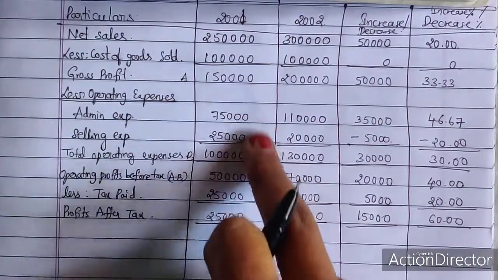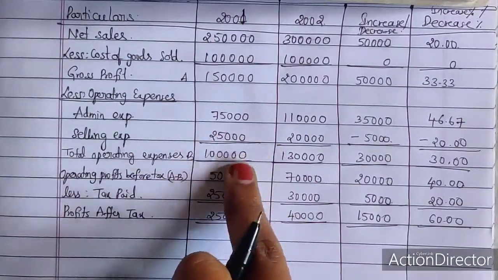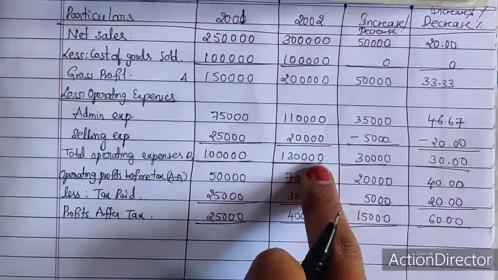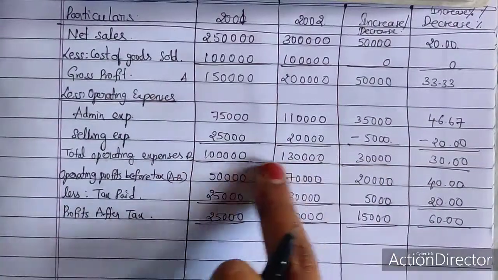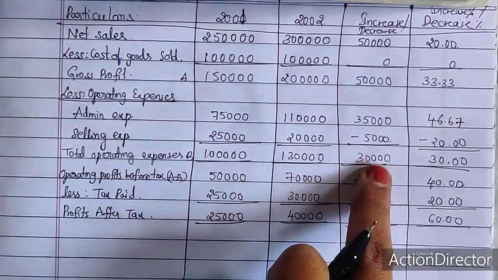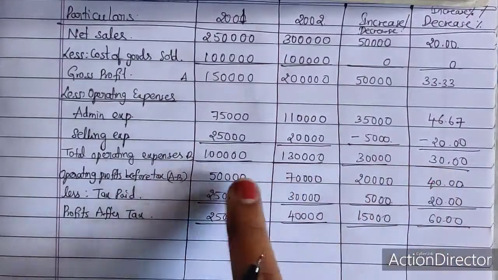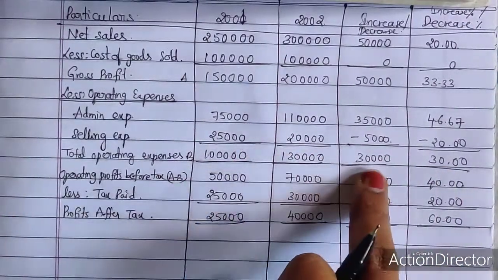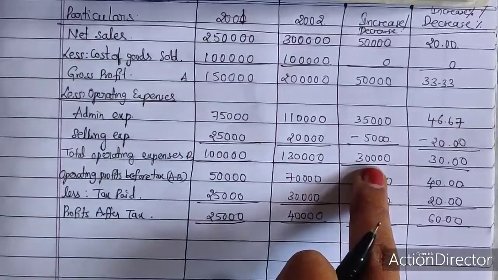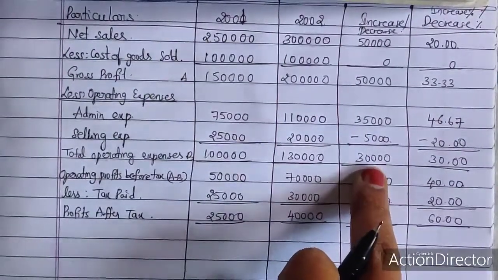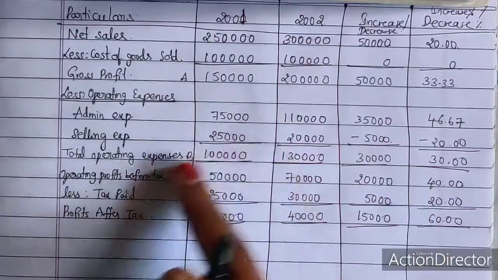By adding these two, 75,000 and 25,000, which gives us 1,00,000, and 1,10,000 and 20,000 gives 1,30,000. And here it is increased by 30,000. We need to find out the percentage. So in 1 lakh, what is the percentage we get? That means 30,000 rupees. So that is 30%.